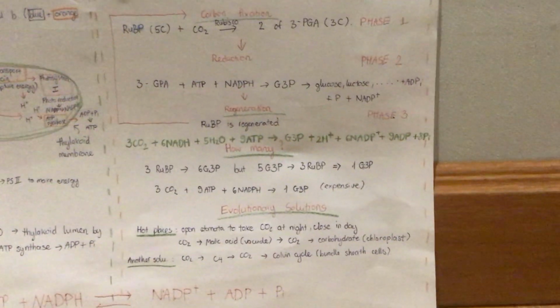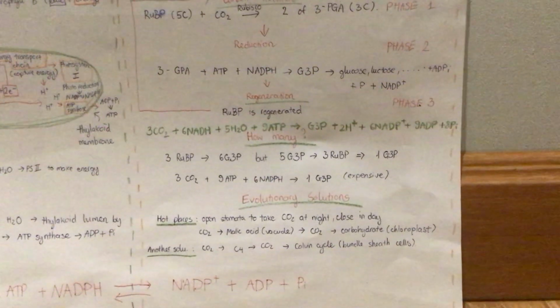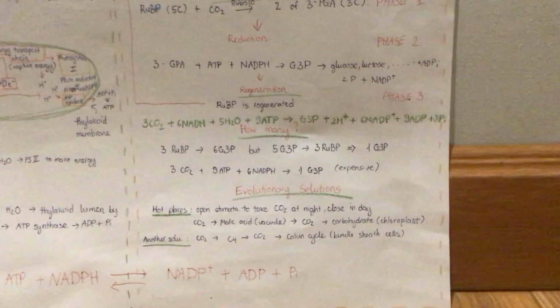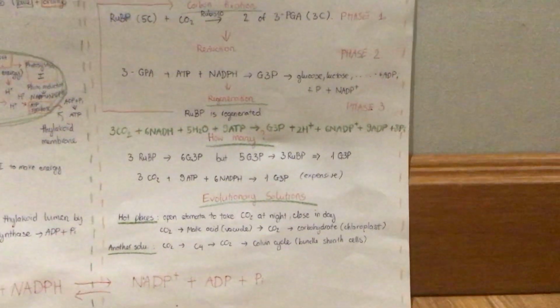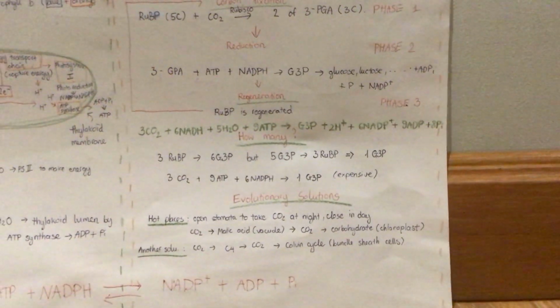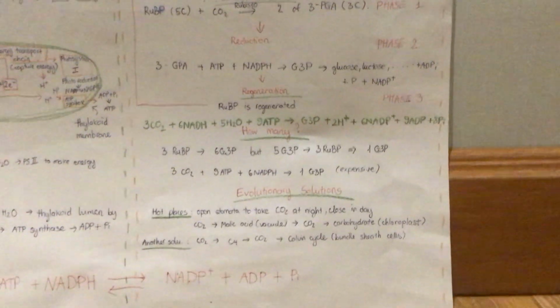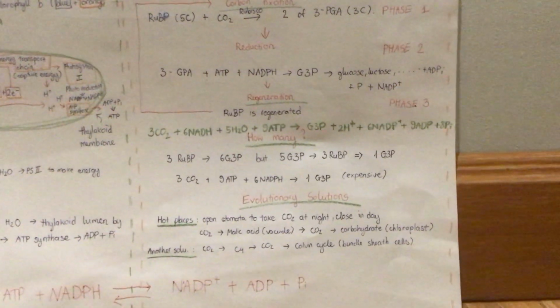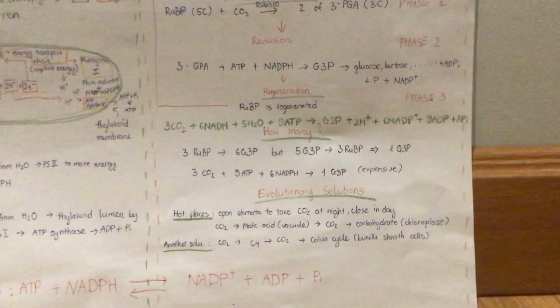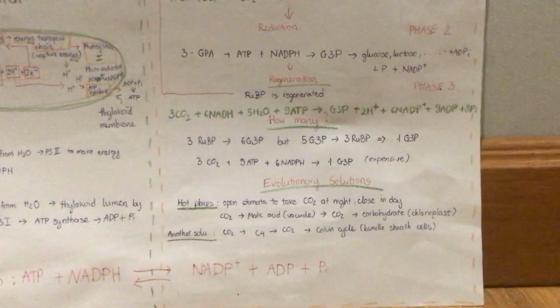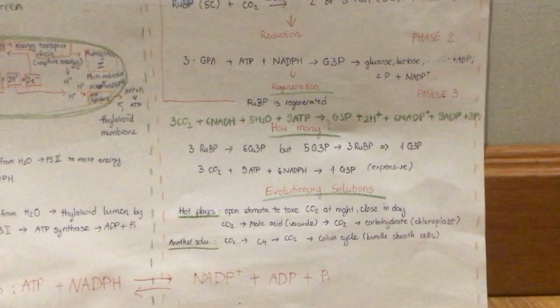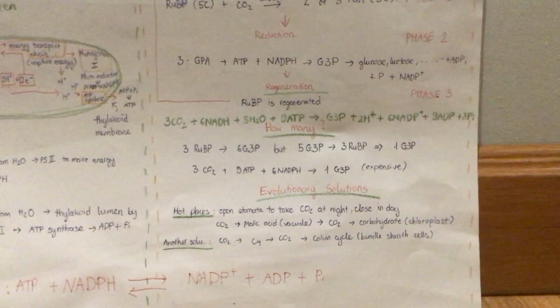So what can plants that live in a hot area do? If they open their stomata in the day, they will dry out. They can take in CO2, but they will dry out. So the solution is that they only open their stomata at night, and close them in the day.